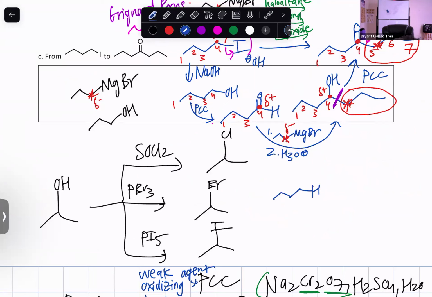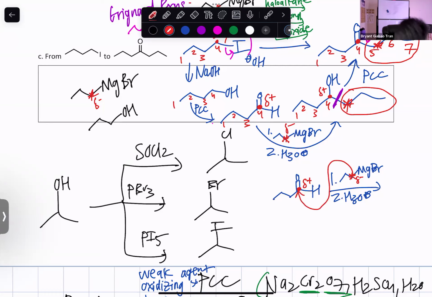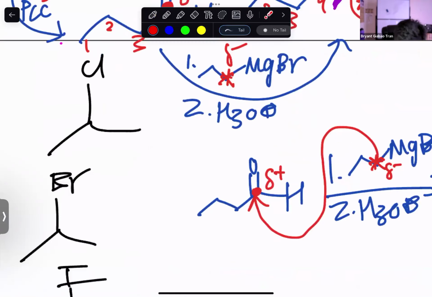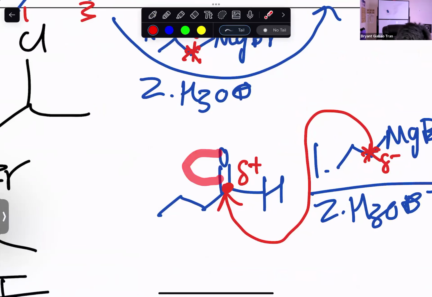First step, that Grignard reagent, and then second step, acid workup. I'm going to star the nucleophile, the partial negative portion, and dot the electrophile, the partial positive portion. This nucleophile will attack that electrophile, but that's going to break the octet rule for this carbon here, right? To conserve the octet rule, we're going to pop this double bond onto that oxygen right there.